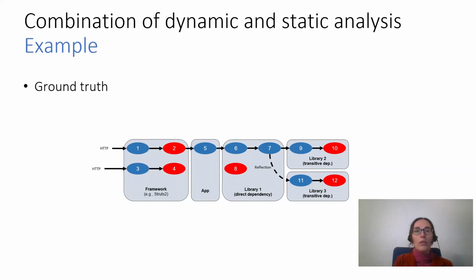And the arrows that you see are those that are actually possible. In particular, the call from node 7 to node 11 is done using reflection. The nodes in red are the vulnerable code. And the vulnerable code in node 8 is actually not relevant because it cannot be reached.